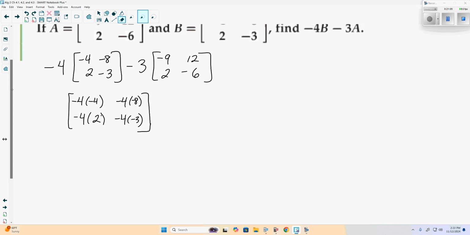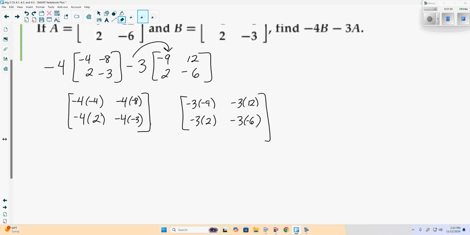Now, there's two ways we can do the second matrix. We can multiply it by 3 or negative 3. I normally take the negative with it. Because we can take this here and multiply everything by negative 3. So it'd be negative 3 times negative 9. Negative 3 times 12. Negative 3 times 2. And negative 3 times negative 6.